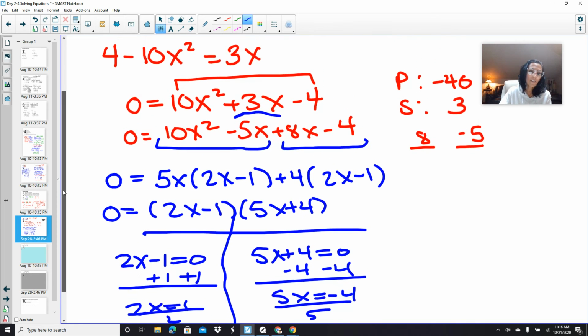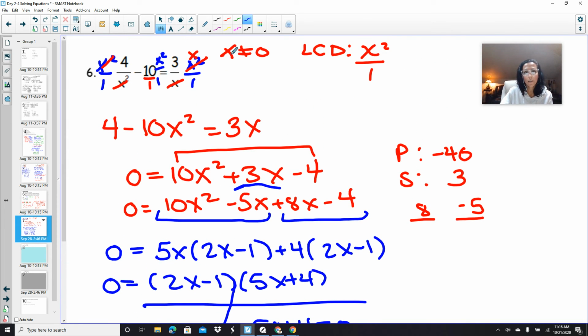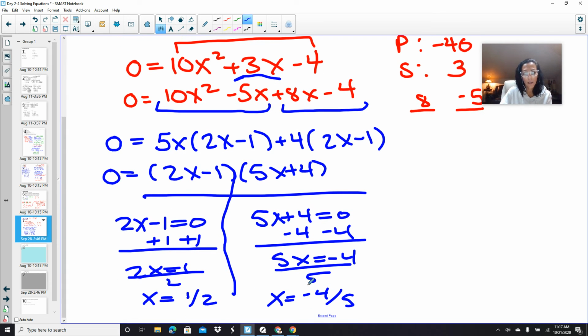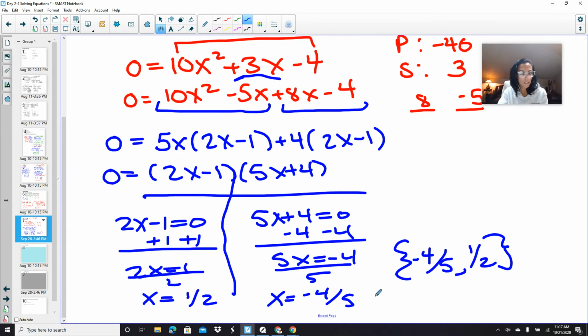Okay, no conflicts, right? My domain restriction was 0, so there are no extraneous roots because there's no conflict here. So I'm going to write down my solutions. Okay, pat myself on the back. Good job, Mrs. Hershey. Let's go.